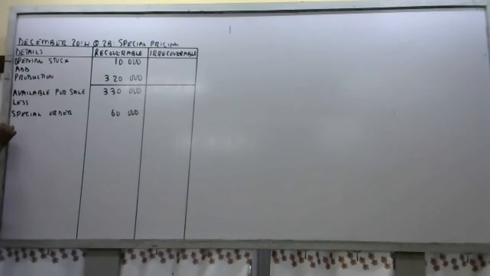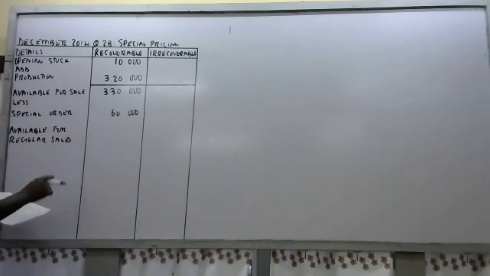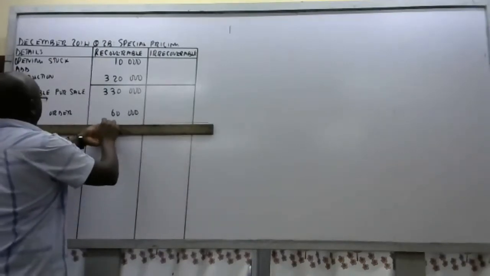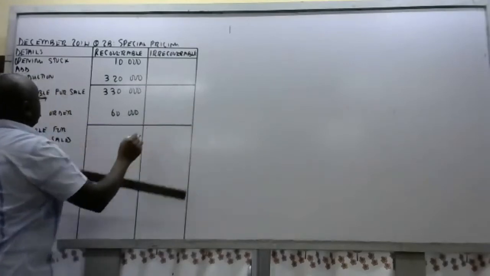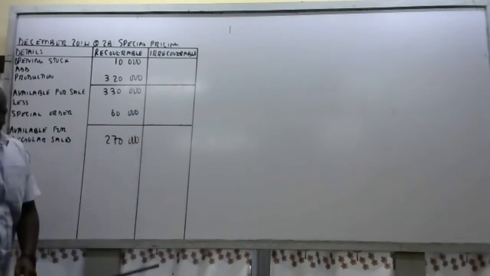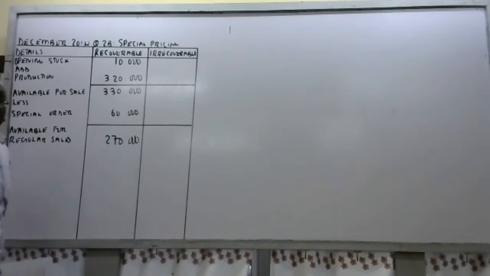So what now remains is available for regular sales. So that must be 270,000. Then you say less regular demand.